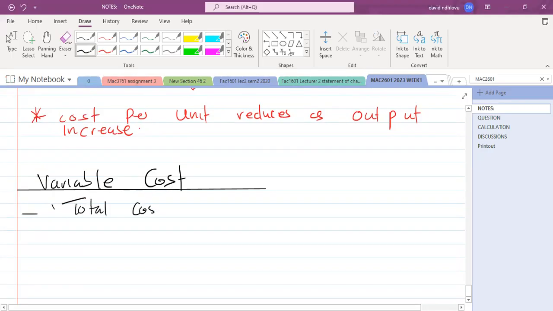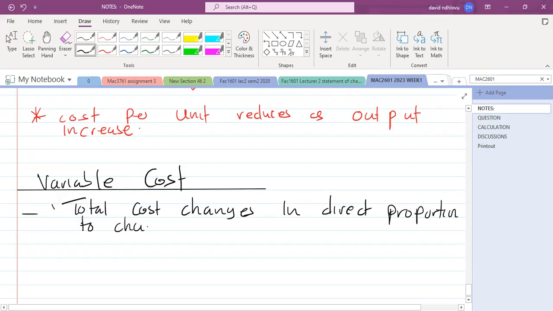So the total costs change in direct proportion to changes in output. Simply put, this is what it means. As output increases, remember, output is the number of units produced, the total cost increases.